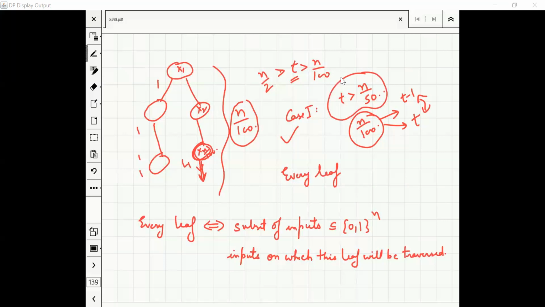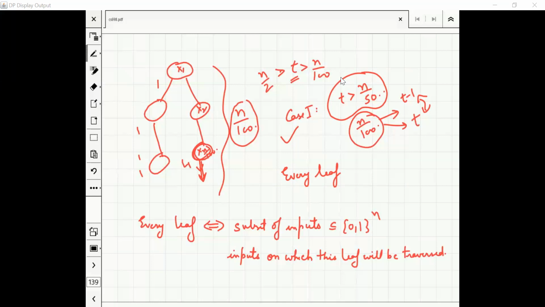Sounds good. So this was the simple case. If I assume t to be n by 50, then my every leaf computes the answer incorrectly on a constant fraction of inputs.